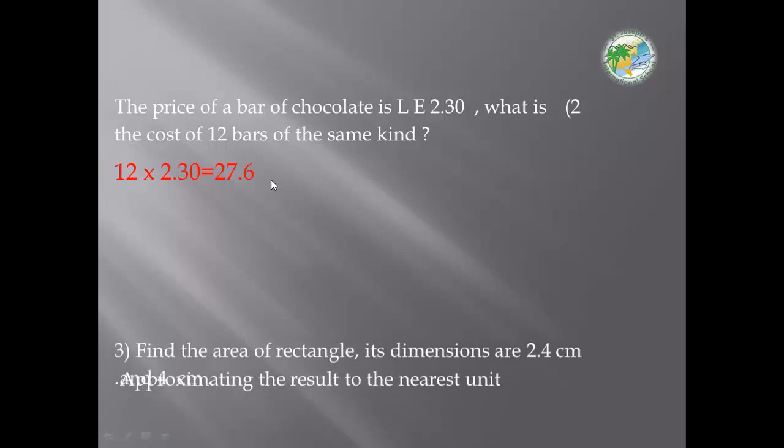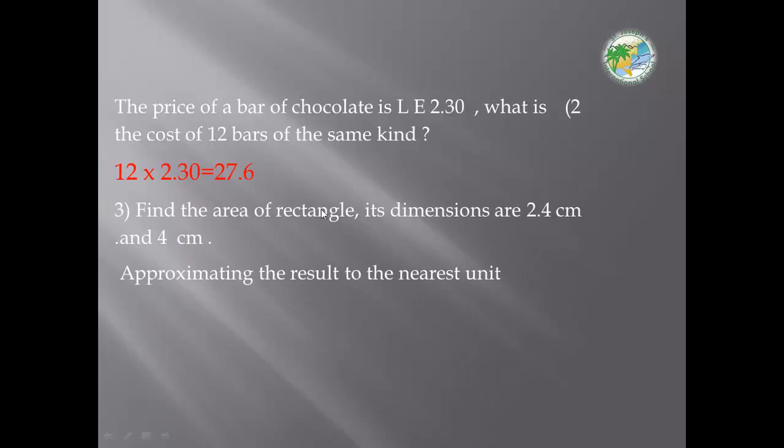Another example. Find the area of a rectangle. Its dimensions are 2.4 centimeters and 4 centimeters. What are the dimensions of a rectangle? Dimensions of a rectangle mean length and width. Approximate to the nearest unit. Remember, area of a rectangle equals length times width.